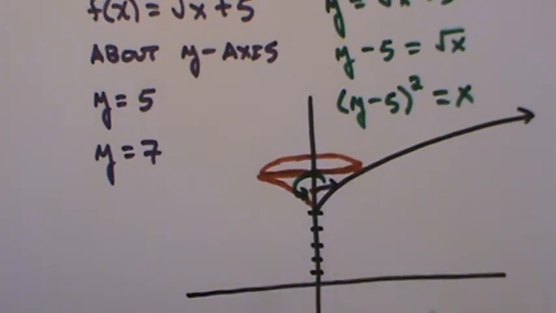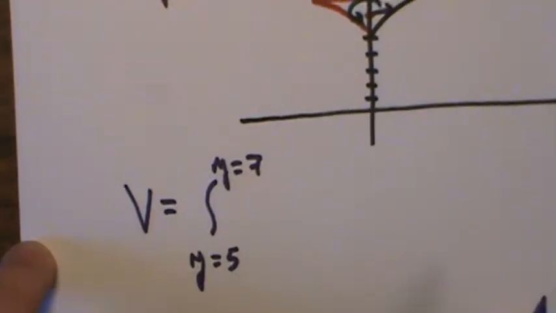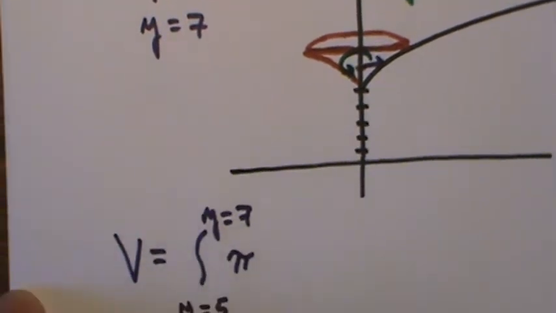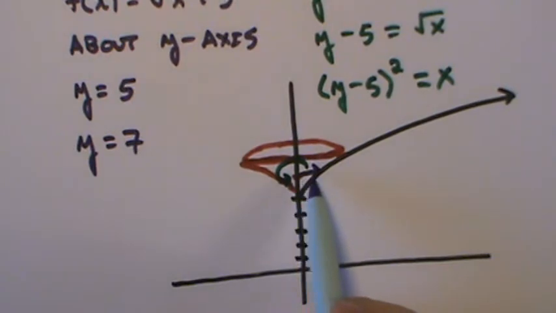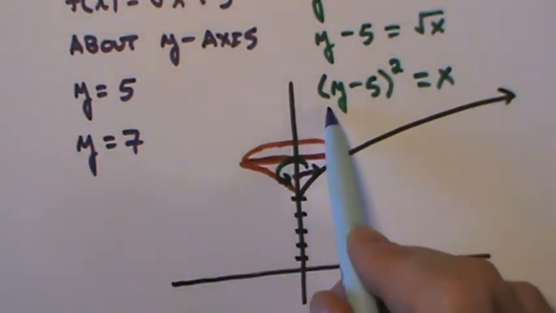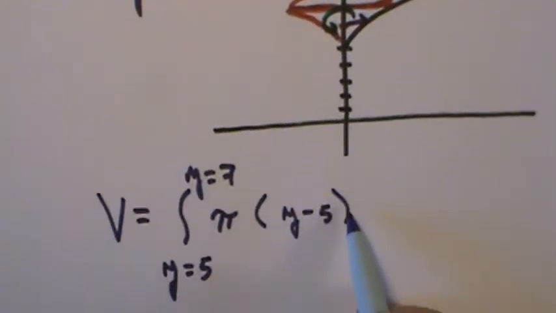So using this information, I can say that my volume would equal the integral from y equals 5 to y equals 7. I'm going to leave the pi in there for this example. And as I look at my radius, the radius would take the shape of this thing here. So this would be y minus 5 squared.